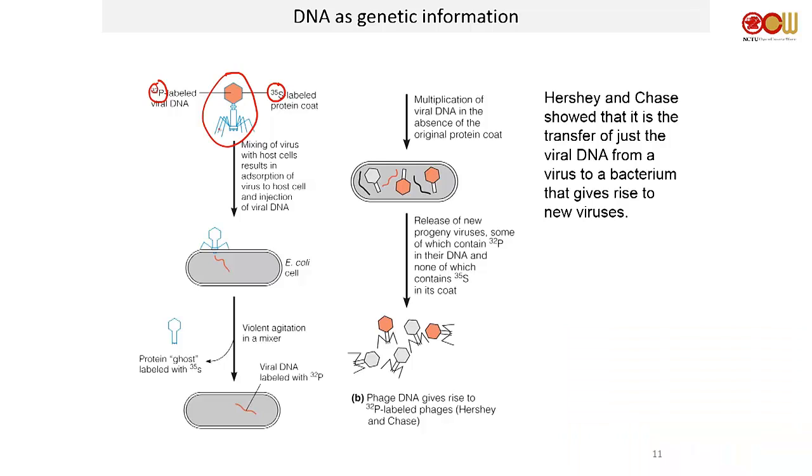So you take the phage and let them infect the bacteria. Then you can wash off the phage particles. We know the phage has protein outside, and whatever is inside is DNA.